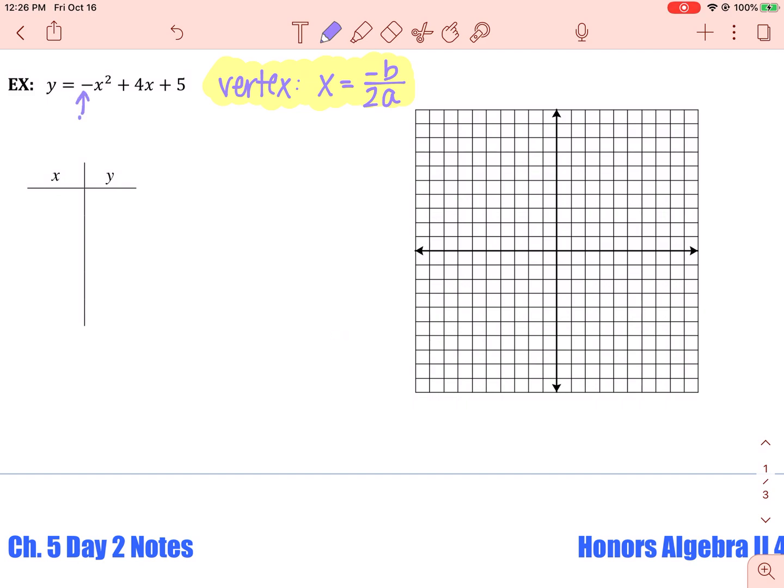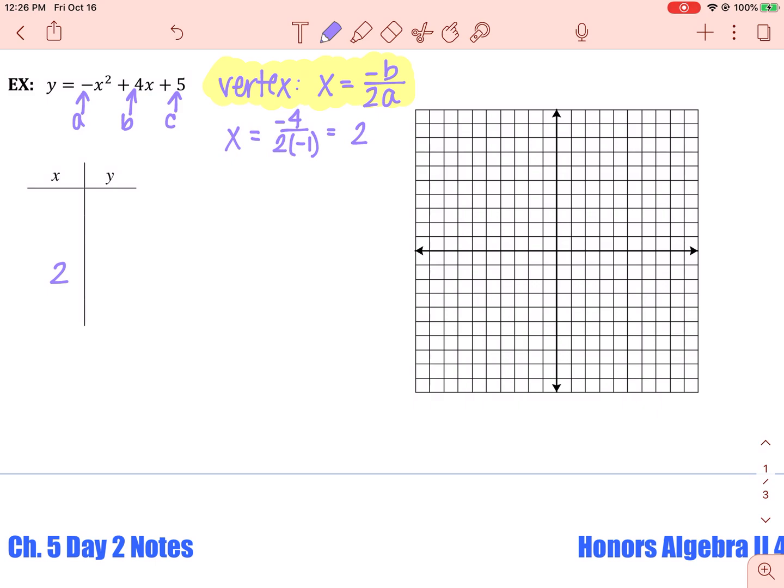Quick reminder, this is your a value, b, c, just like if we did quadratic equation. So the vertex would be -4 over 2 times -1 in this case. So the x value is 2. So for my vertex, x is 2.